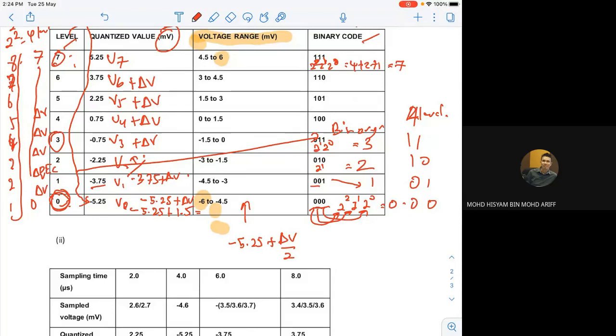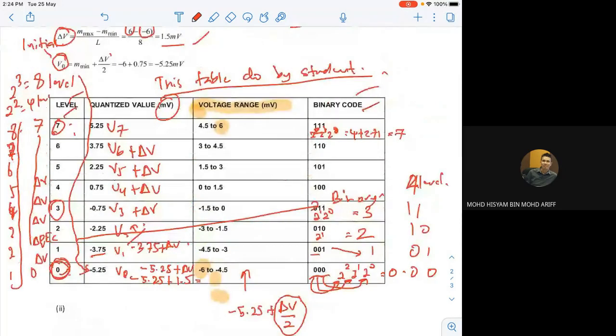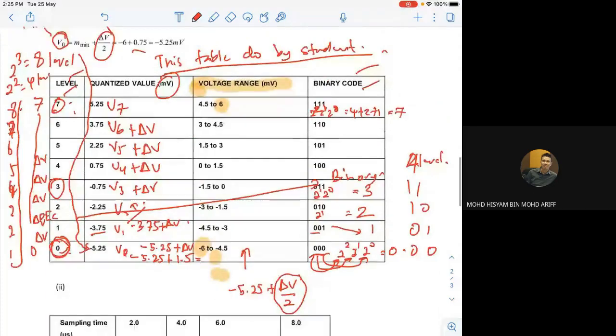The problem will happen after this, so the best thing is to set up this first. Delta V over 2. What is the value of delta V over 2? Delta V over 2 is 0.75.